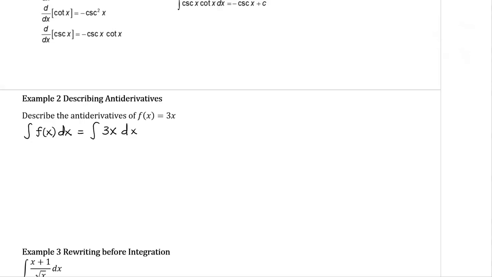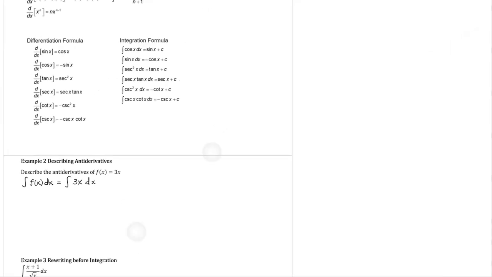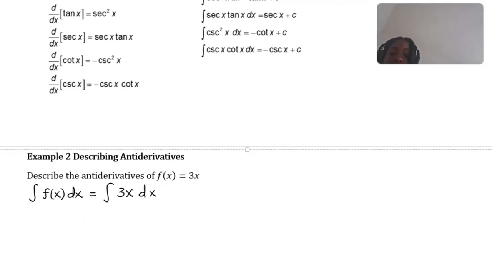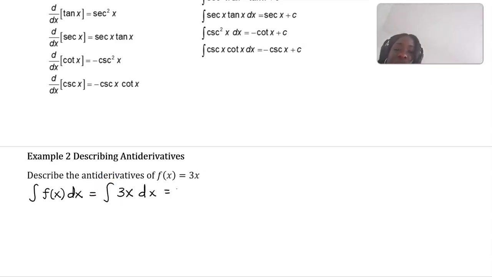Now, very similar to how we started with derivatives, I'm going to take my time here and show you how these integral rules can be used. So we saw a rule earlier that tells us if you're integrating something that has a constant in it, you can pull that constant out in front of the integral. So I am now going to apply that rule and pull this constant of 3 in front of that integral so that I'm now only integrating x with respect to x.